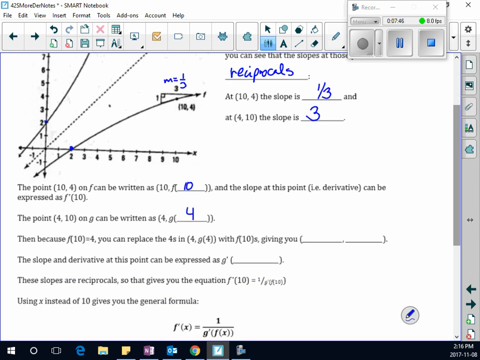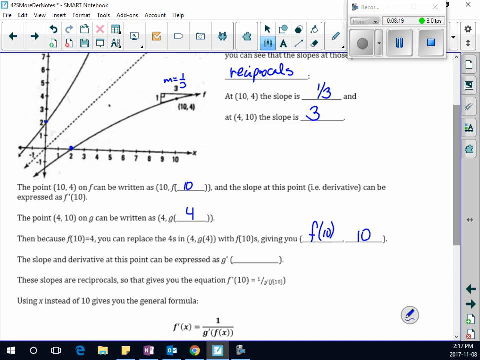I'll repeat that, because f(10) was 4, yes? What can we replace this 4 with? f(10). You can replace the 4's with f(10), so this is just 10, yes.